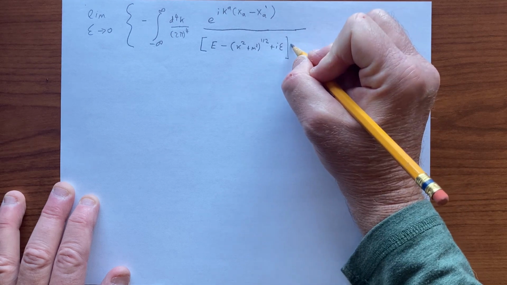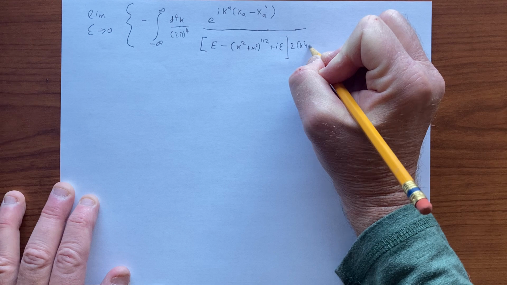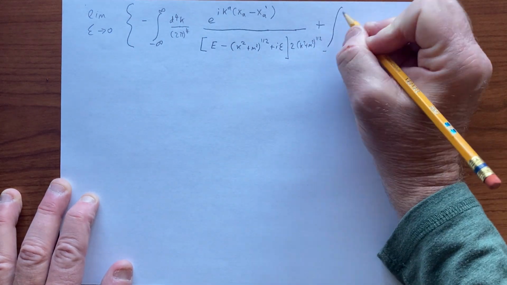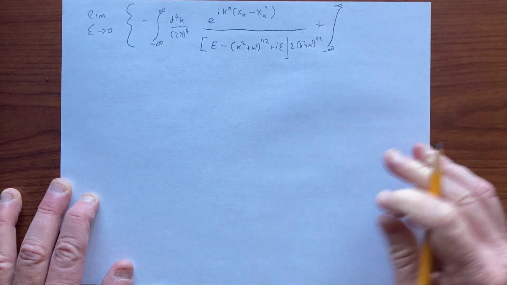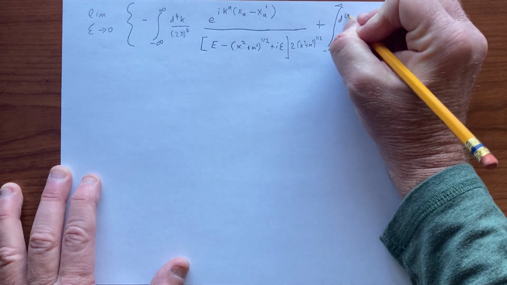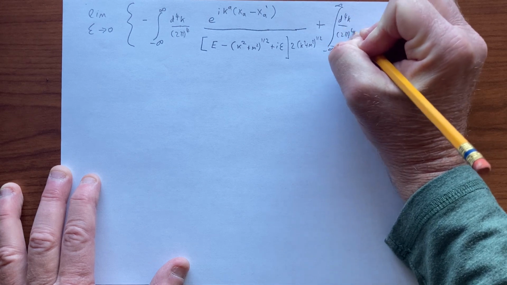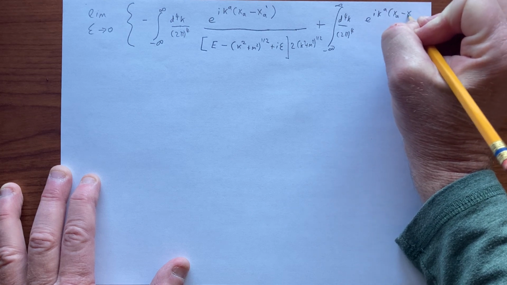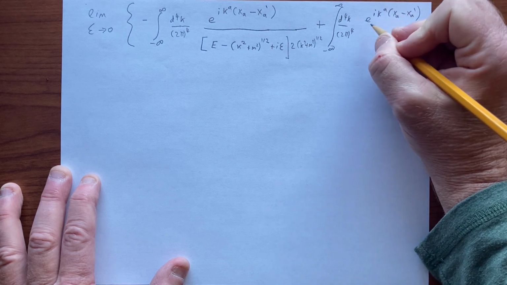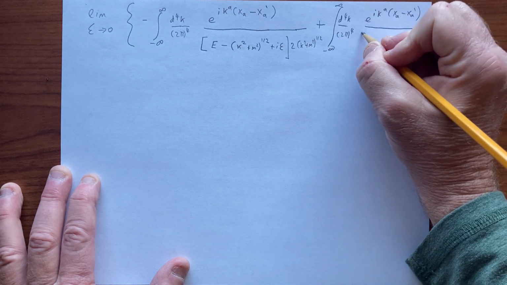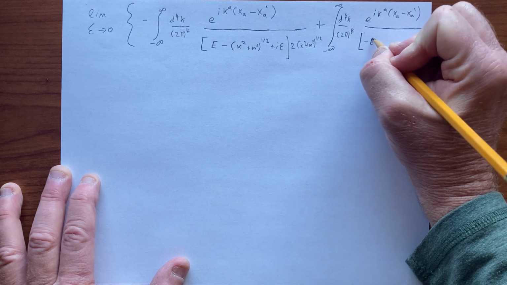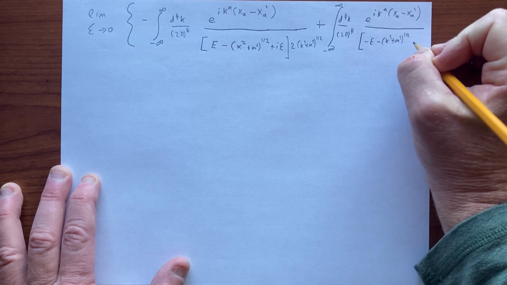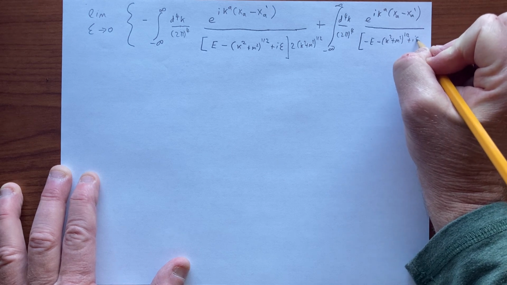I think I missed the 2 k squared plus m squared to the 1/2. So we add to that minus to plus infinity d4k over 2 pi to the 4th e to the I k_a (x^a minus x^a prime, lowered components) over minus k squared plus m squared to the 1/2 plus I epsilon.